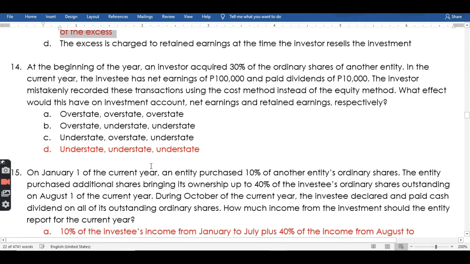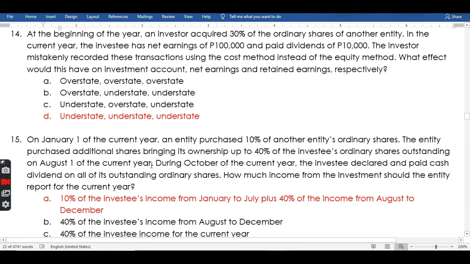Okay. Next tayo, number 14. At the beginning of the year, an investor acquires 30% of the ordinary shares of another entity in the current year. The investee has net earnings of 100 and paid dividends of 10,000. The investor mistakenly recorded these transactions using the cost method instead of the equity method. So, ibig sabihin, naka-recognize lang yung investment at cost.